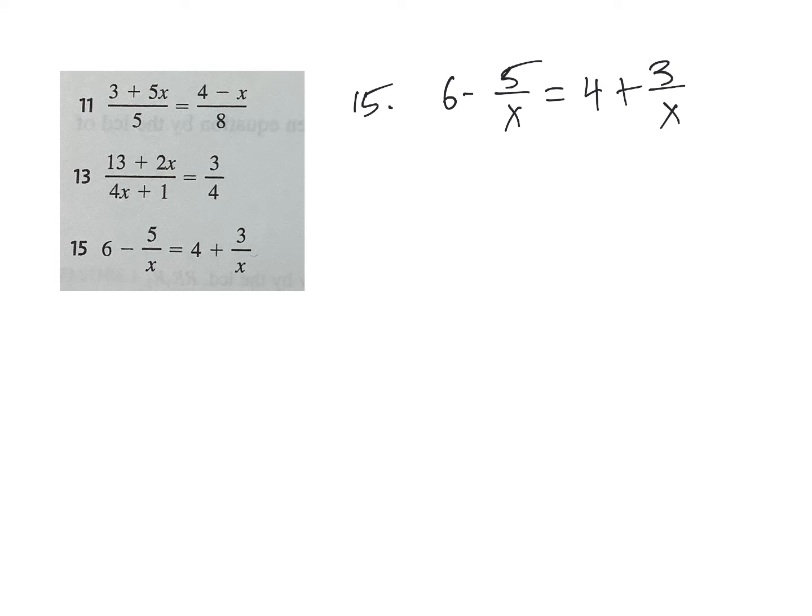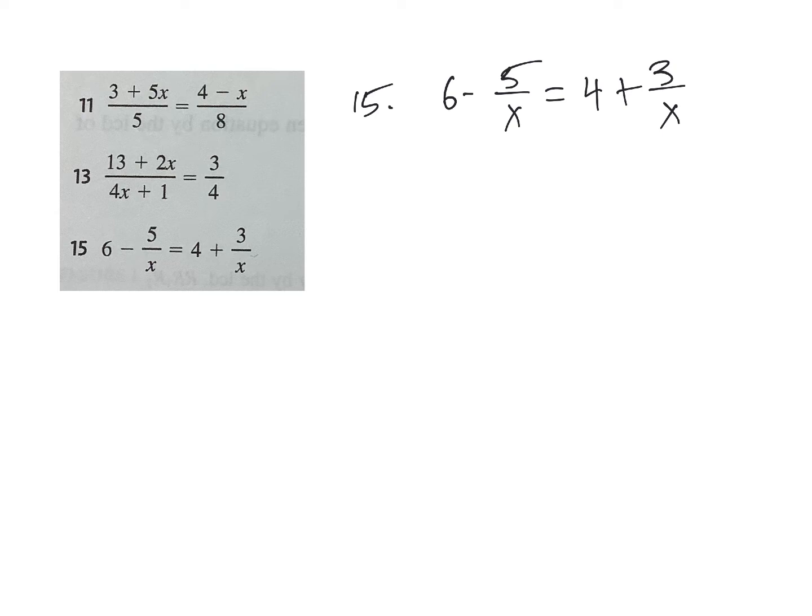Again, it'll work. What I will do on this one is multiply everything by the common denominator. You could get a common denominator, add fractions, and keep going from there, but we need to get the x out of the denominator. So how you do that is multiplying by whatever the denominator is.